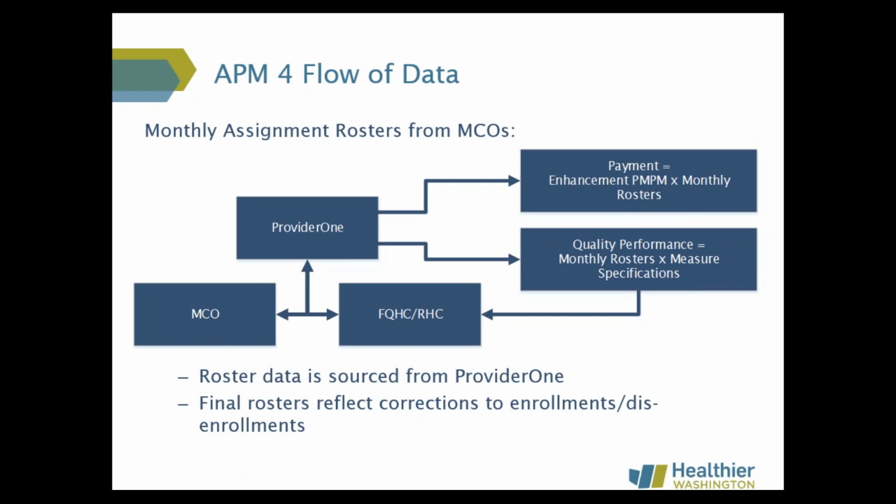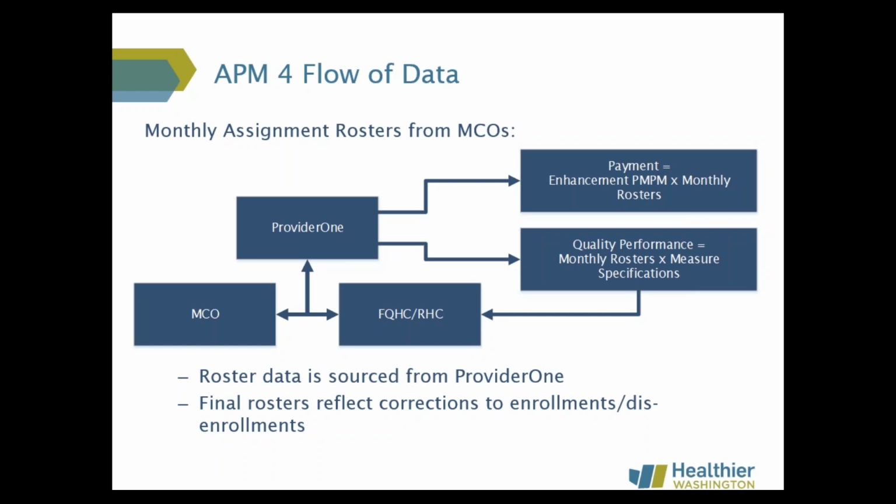We grab those rosters or those assignment files and multiply them out by your PMPM to get total payments on a monthly basis for the clients assigned to you. We are using those same data to run the measures. So we essentially take those monthly rosters and we run them against measure specifications to get performance.